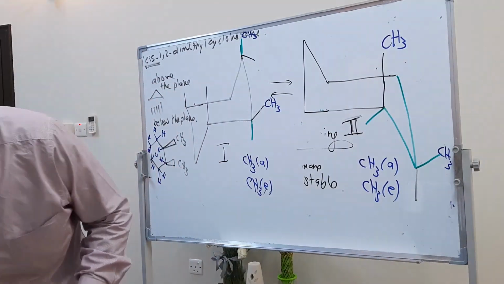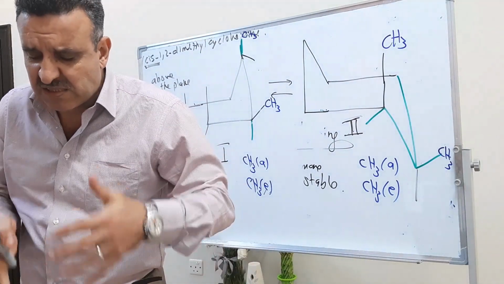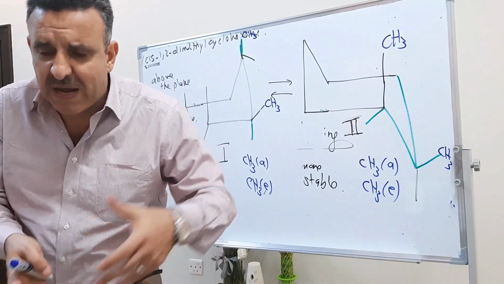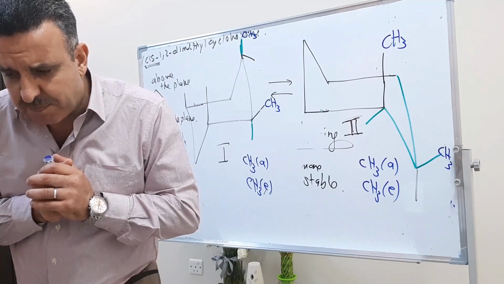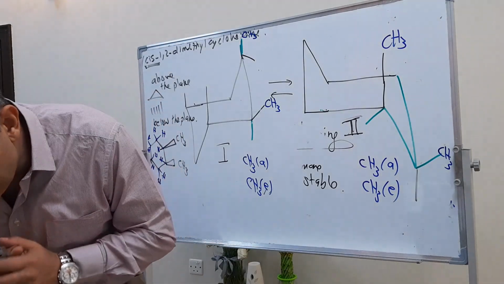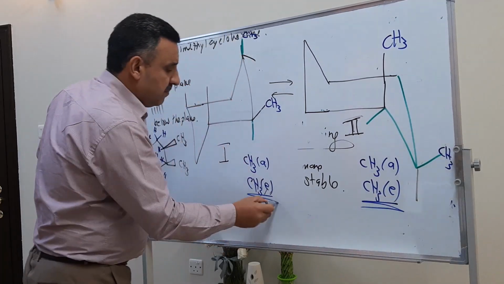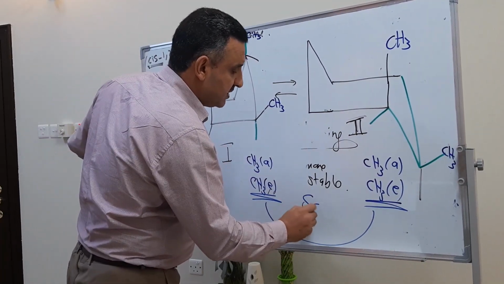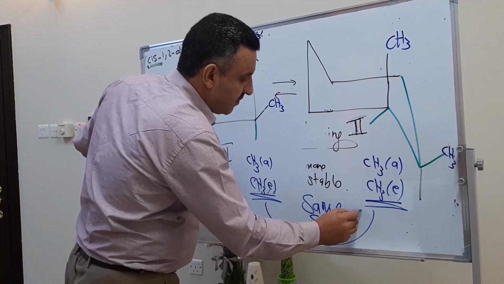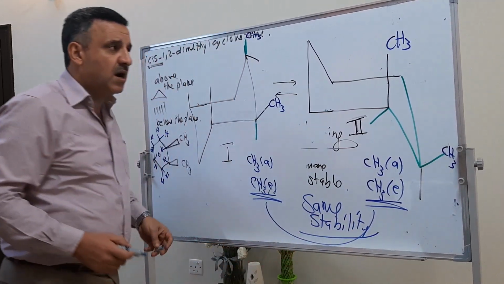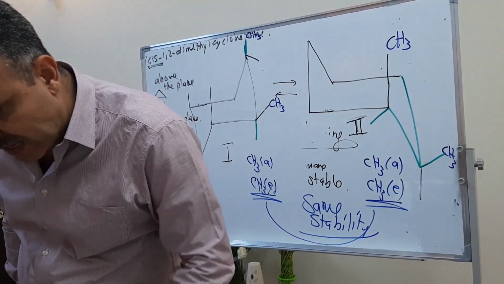So in both cases, there must be a bulky group occupying an axial position. Therefore, both are the same, and both have the same stability. So conformation number 1 or 2 should have the same stability. Is that clear?